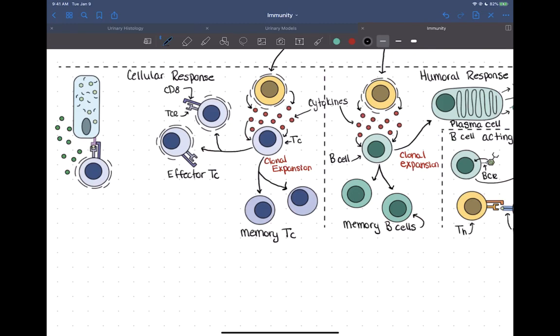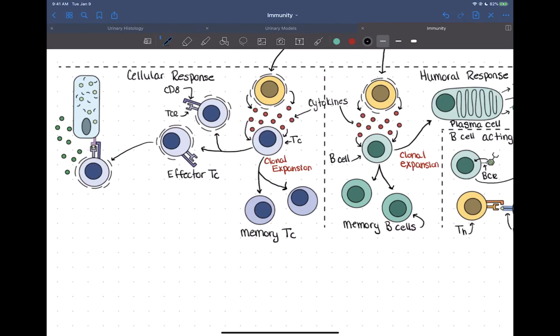All right, so now that these cells are activated, our effector T cytotoxic cell is going to go prowl around looking for cells that are infected with this virus that it's been alerted to. All right, so it's been alerted by that T helper cell that there's a virus in the area, so it's going to go and start looking for that virus.